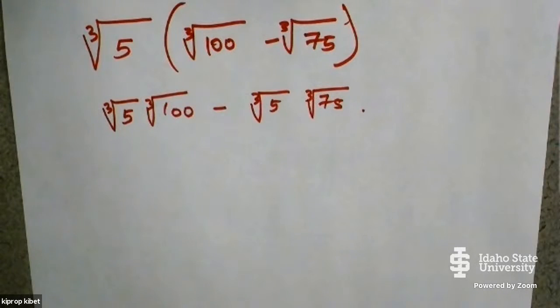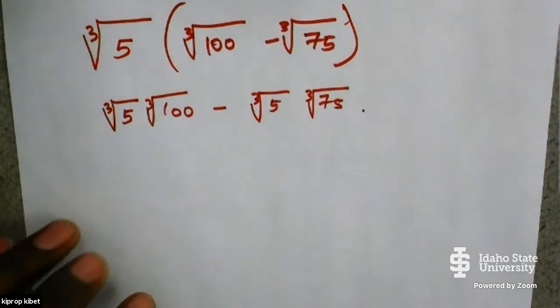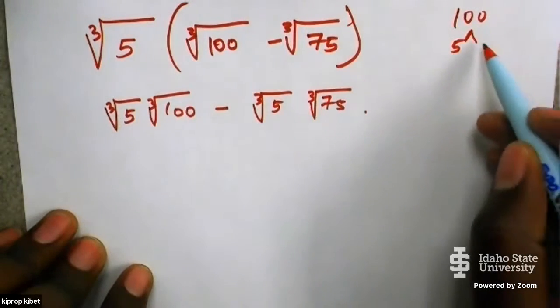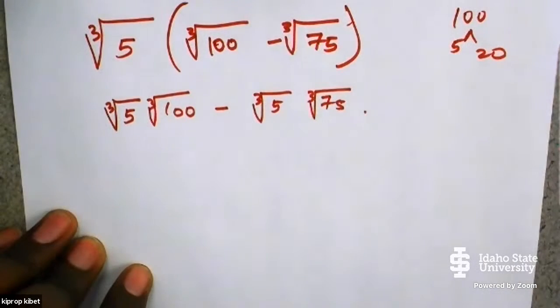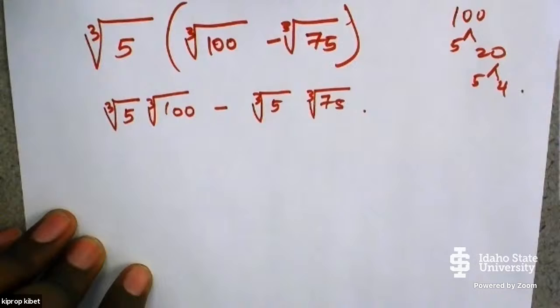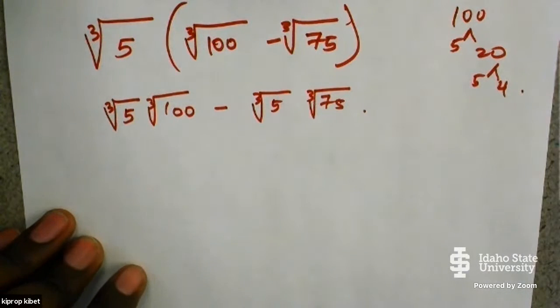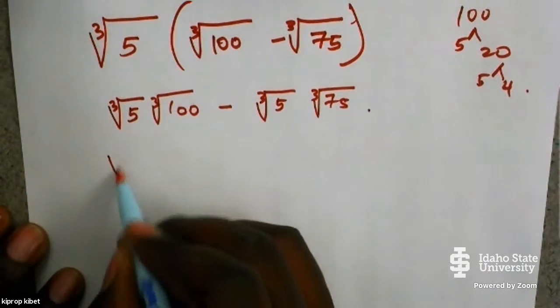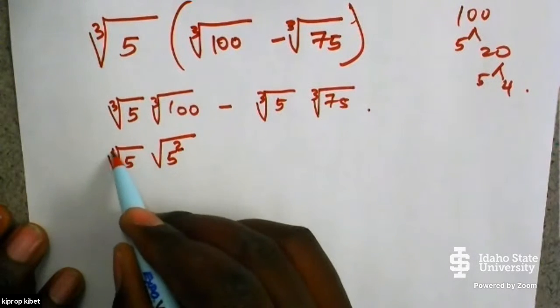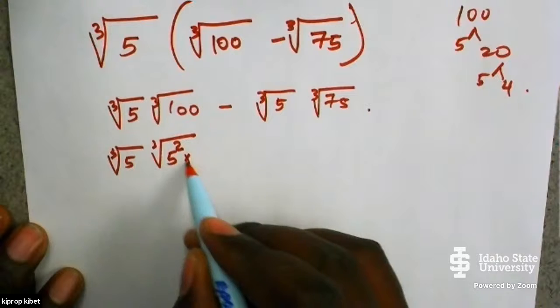Okay, so 100. How many 5s are in 100? 5 times 20 is 100. So the cube root of 5, times the cube root of 5 squared, that is 4.